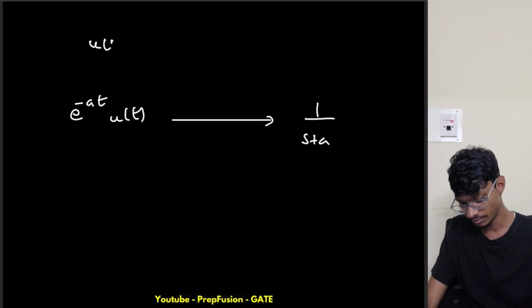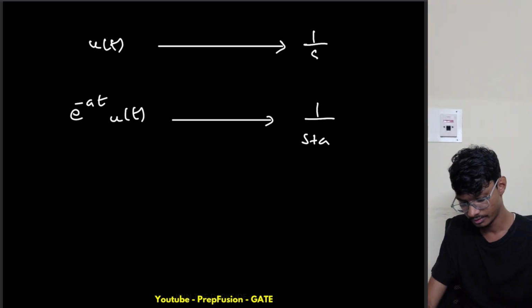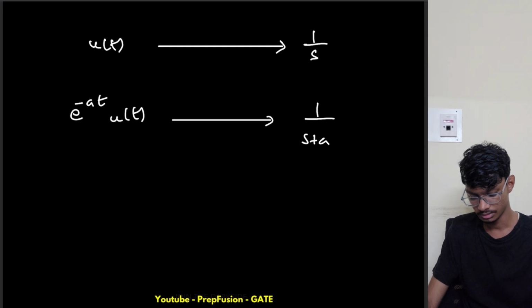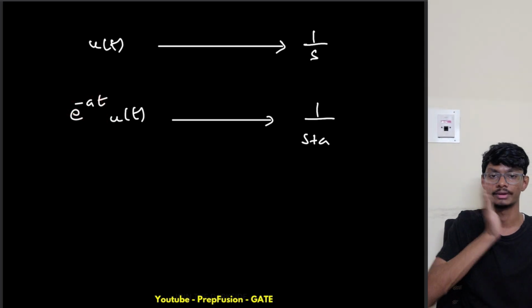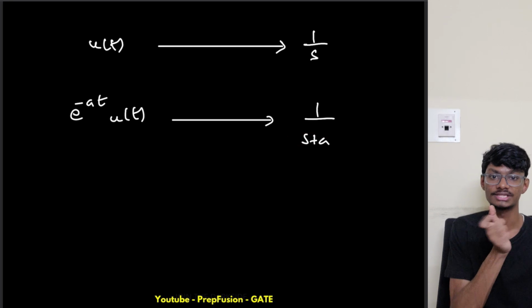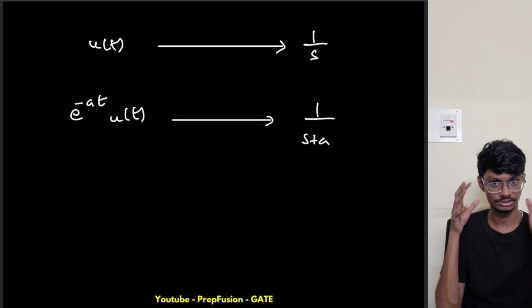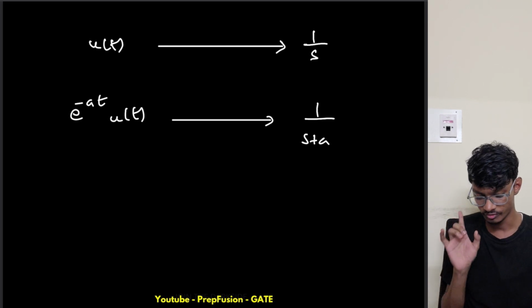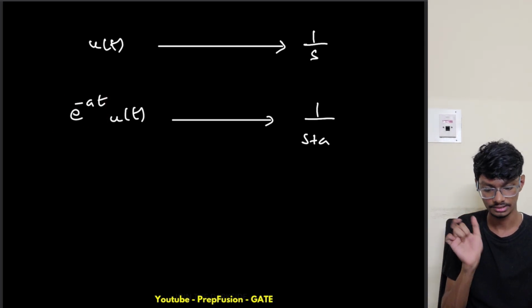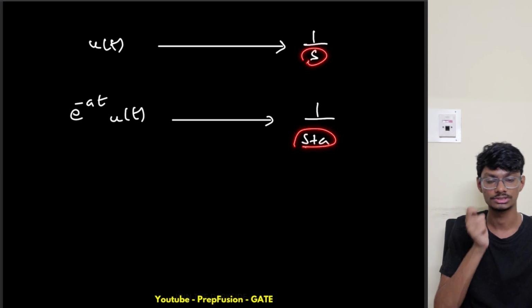For simple u of t we had 1 by s, but here we are multiplying it by e raised to power minus a t, so this becomes 1 by s plus a. You have to understand the analogy: if we multiply by e raised to power minus a t, then instead of s, this becomes s plus a.